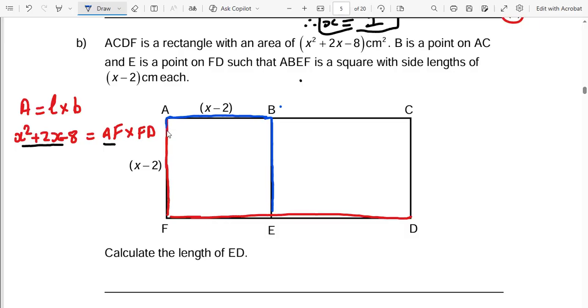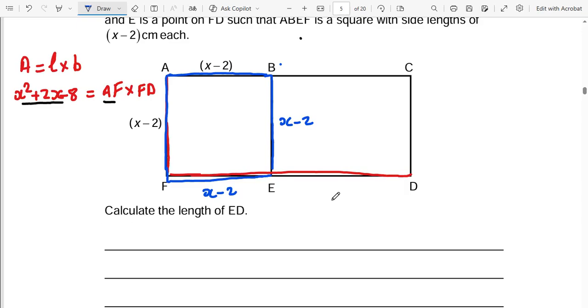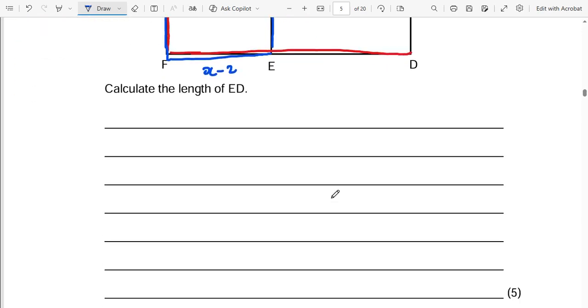What do you know about the sides of a square? All sides are equal, meaning this will also be x minus 2, and this will also be x minus 2. So the question says that a square with side x minus 2 centimeters each. Calculate the length of ED.